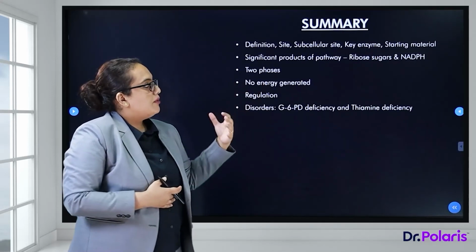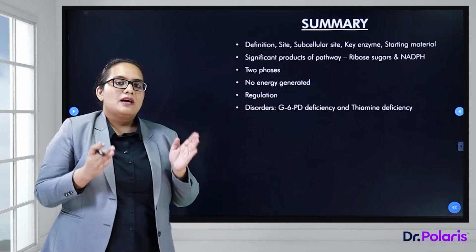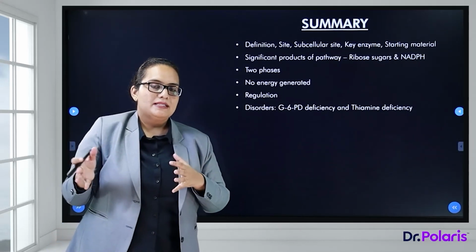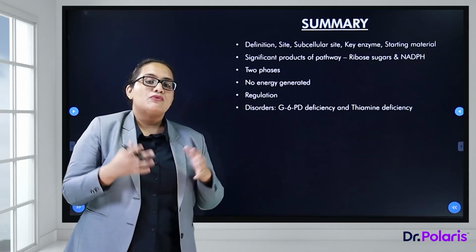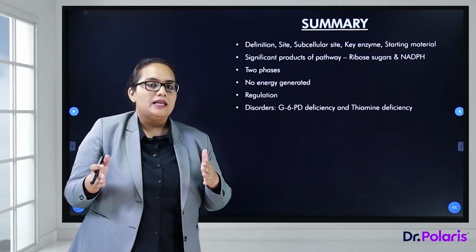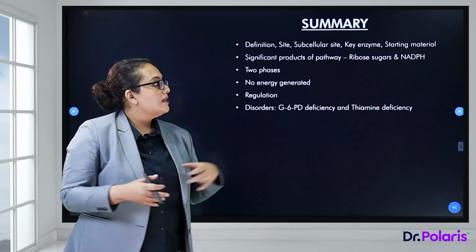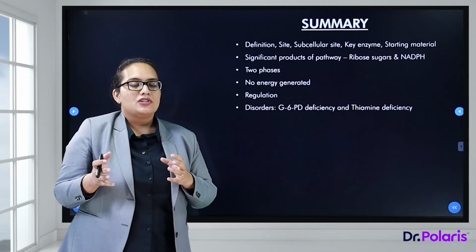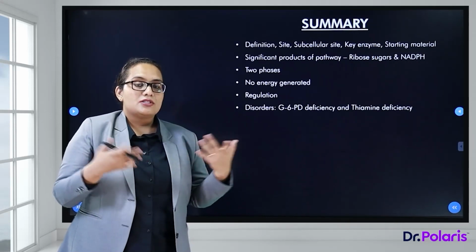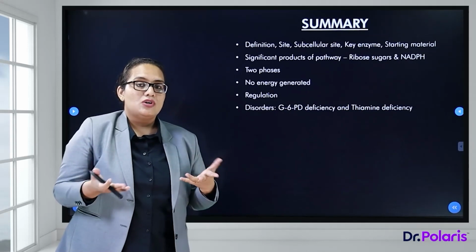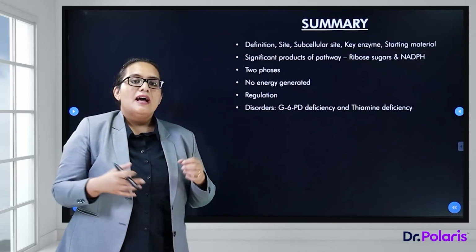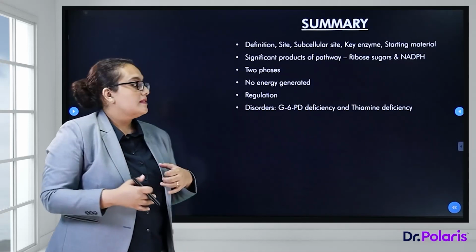The important products of the pathway: ribose sugars are mainly utilized for the formation of purine and pyrimidine bases, which in turn can be utilized for the synthesis of DNA or RNA or also certain coenzymes. And NADPH is utilized for several biosynthetic reactions such as synthesis of lipids, fatty acids, cholesterol, bile acids, then detoxification of drugs, and several other purposes.